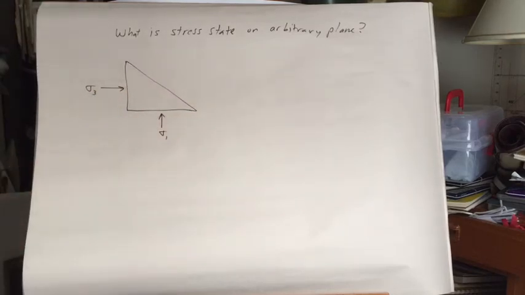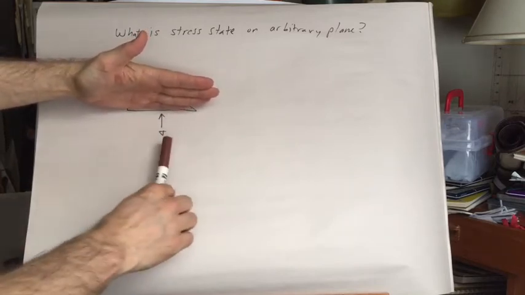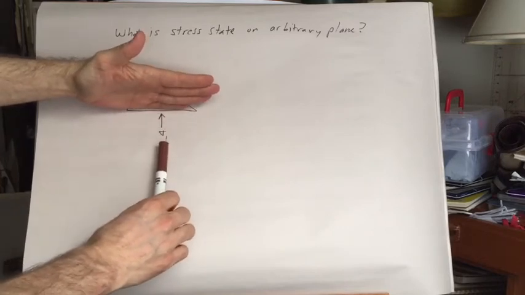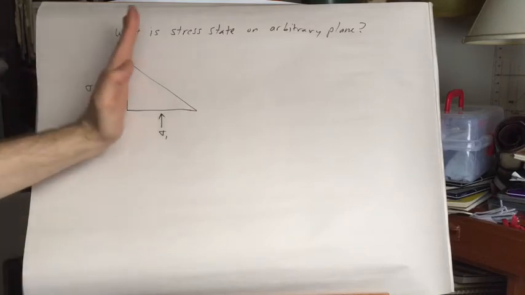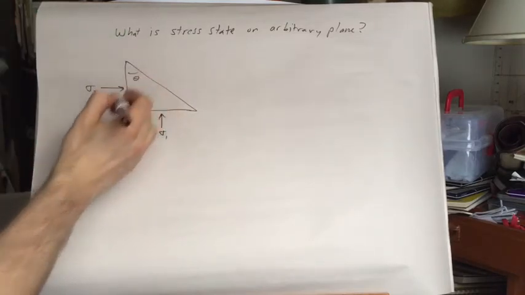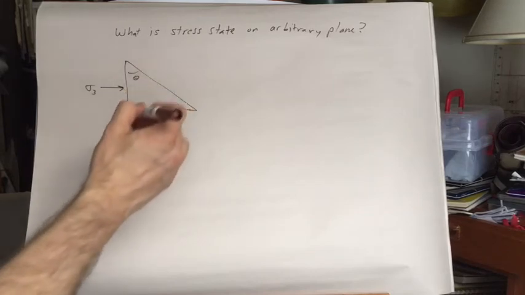On the surfaces, as we'd said, perpendicular to the principal stresses, sigma 1, sigma 2, and sigma 3, that surface feels no shear stress, neither does that one. But at some orientation theta, there'll be some combination of normal stress and shear stress.